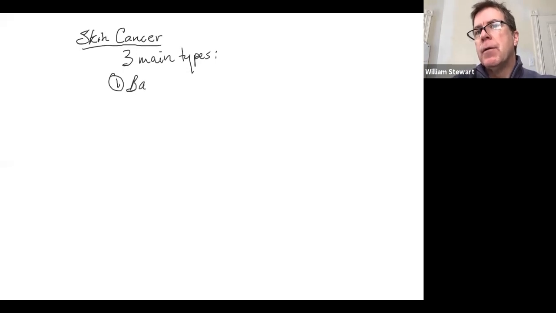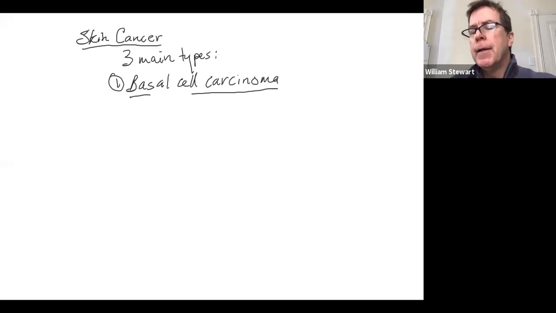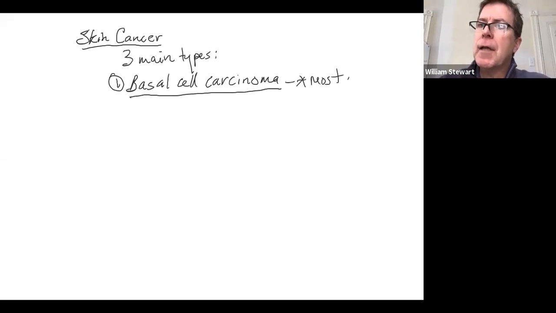The first one is basal cell carcinoma. I'm sure you've heard these names before. Obviously, this affects the basal cells in that epidermal layer. Basal cell carcinoma is by far the most common type of skin cancer, so let's establish that. It is also, thank goodness, the least malignant of the three.